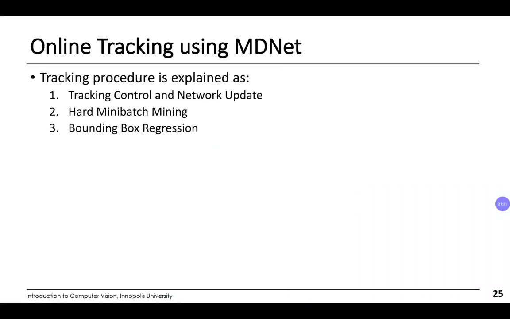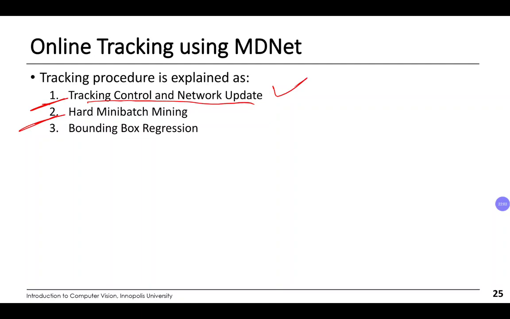So now during the online training, the tracking procedure is divided into three parts: tracking control, network updates, because now you bring a new domain. So we need to update the network, but not all of it, just the fully connected layers, and then we will see how it works. Then hard mini batch mining.